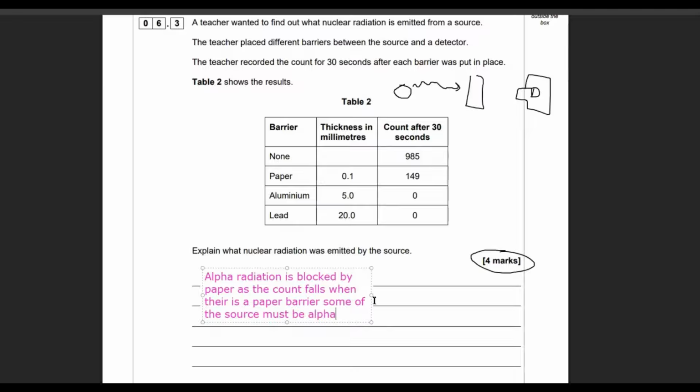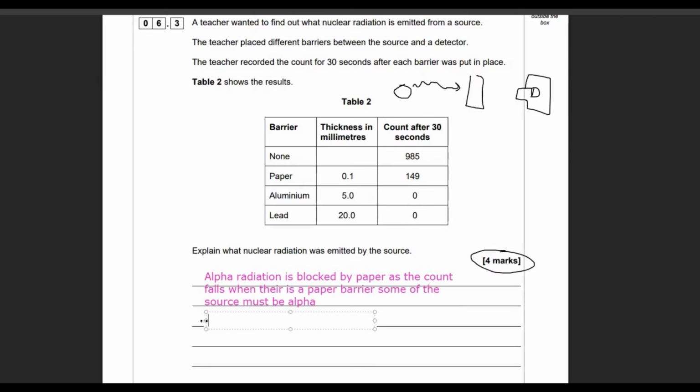Beta would get through that paper. It's only 0.1 millimeter thick. So if it was all beta, all 985 would get through that. This suggests to me that some has got through the paper, and maybe that stuff that's got through the paper is beta or gamma. Let's decide what it is. So, and then we want to say beta has higher penetration, can get through paper.